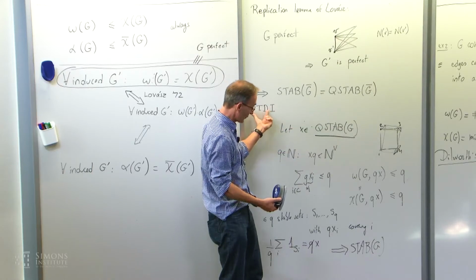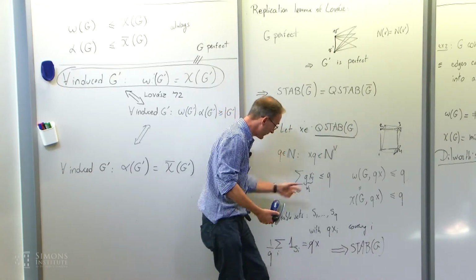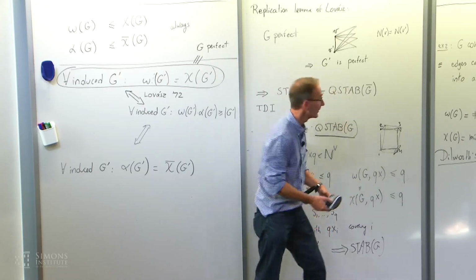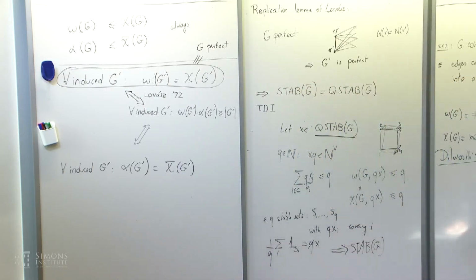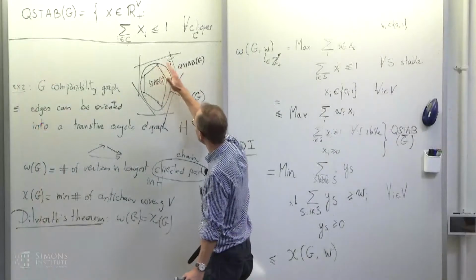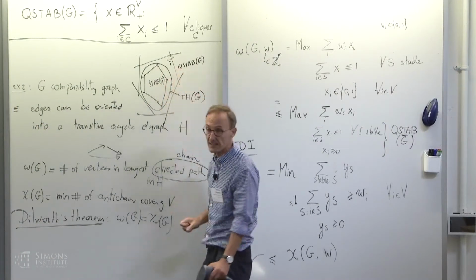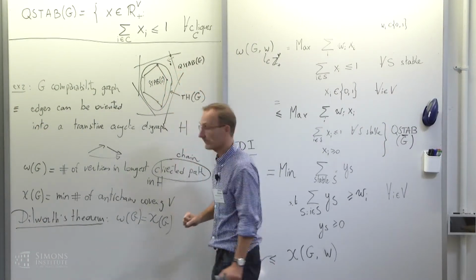And from that integer dual solution, we actually derived that Q stab of G was equal to stab of G. So in that case, we have this sandwich. The theta body is indeed equal to stab of G, and the theta body is indeed equal to Q stab of G.